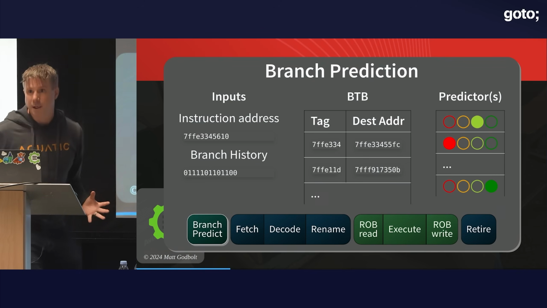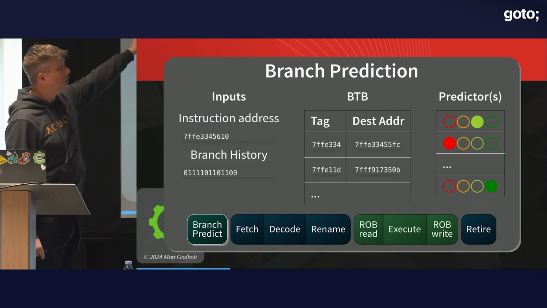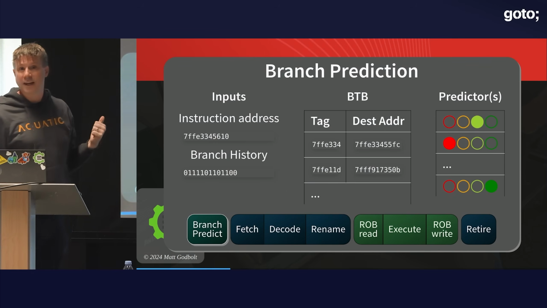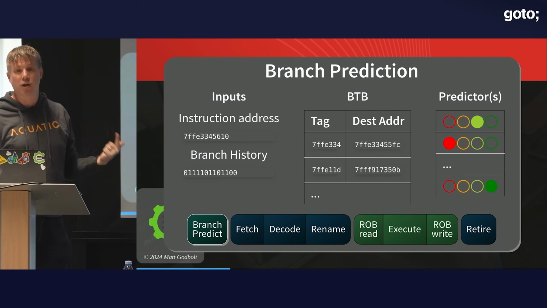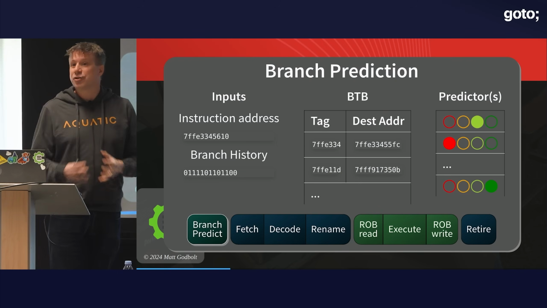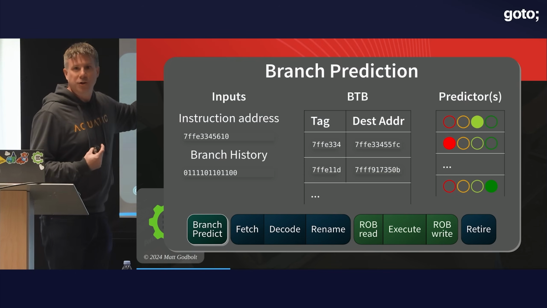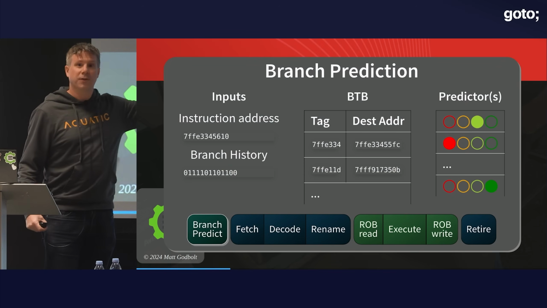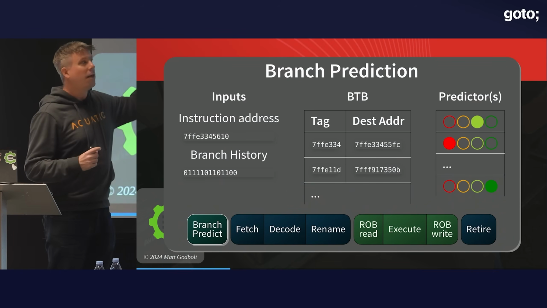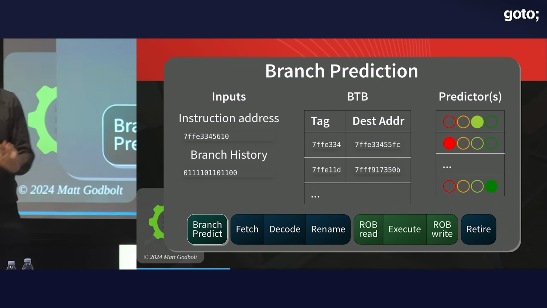And broadly, what happens is the instruction address where a branch is known to be, plus some amount of history, both locally for that specific branch and globally for all branches, are hashed together to give a unique fingerprint for when I'm at this branch and I have seen branches that go taken, not taken, taken, taken, not taken, something like that. Then go to slot 7 in these predictors over here. That's where the hash lands.